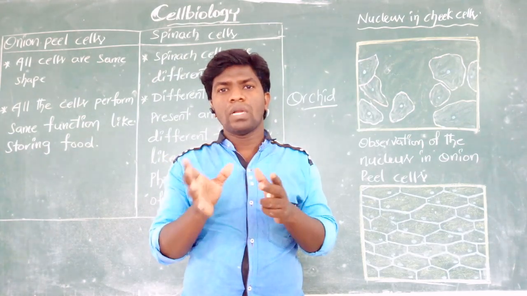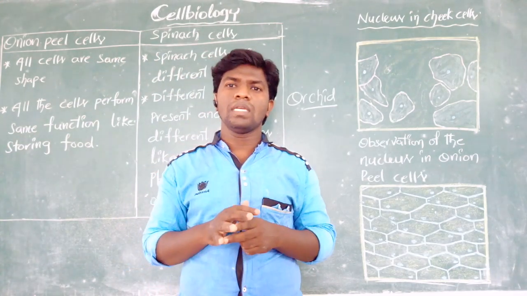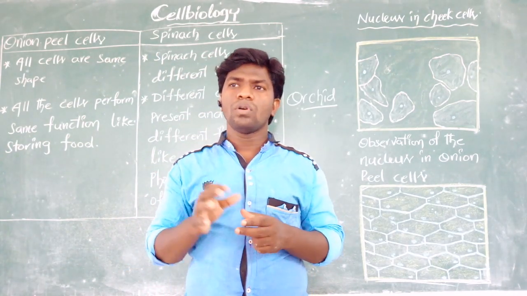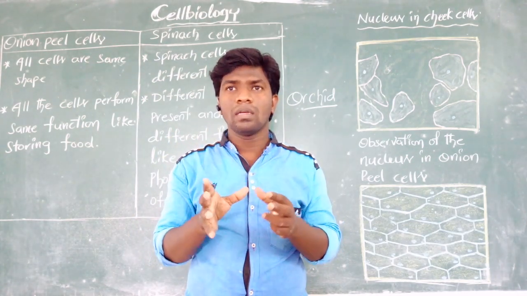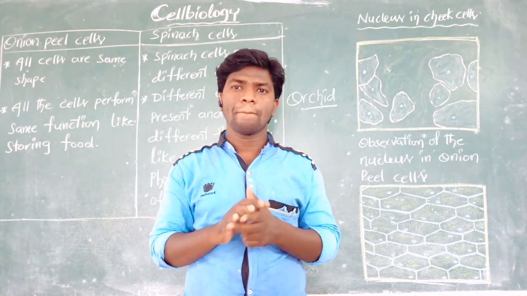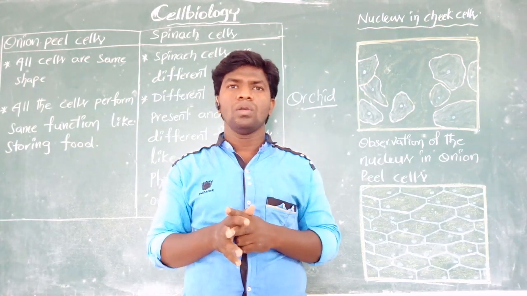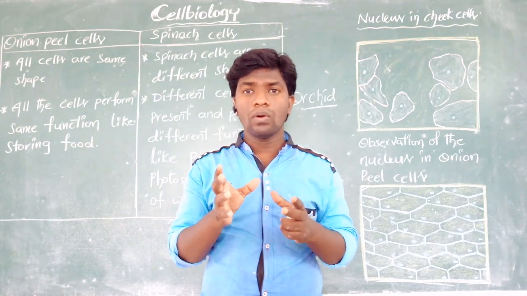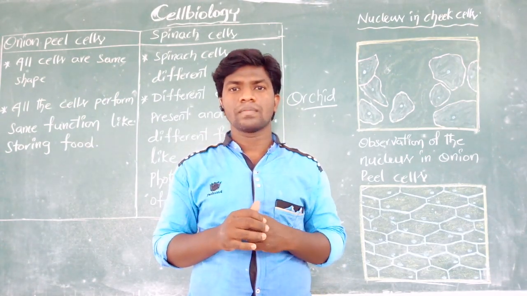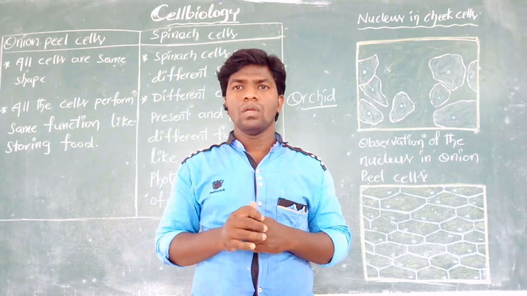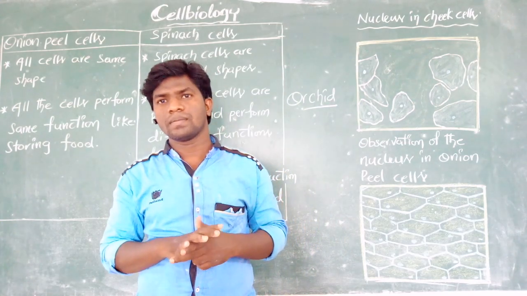Robert Brown claimed that this structure was an integral part of the cell, and he called it the nucleus. Finally, Robert Brown discovered the nucleus in the year 1831. This is the way Robert Brown discovered the nucleus.